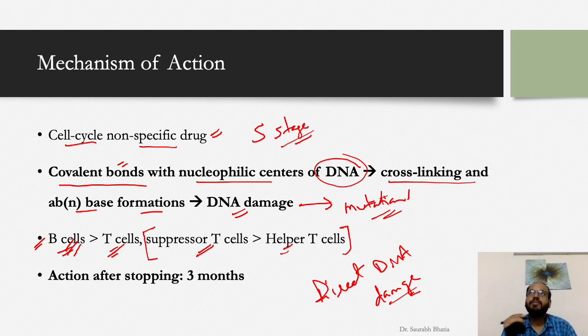So in patients with different malignancies in which cyclophosphamide was given as a treatment, it has been reported to have increased incidence of lymphomas, and predominantly it is because of decreasing the activity of suppressor T cell. Now when we stop cyclophosphamide, the immunosuppressive action remains for the next 3 months. So it becomes a good viva question that after stopping the drug, the immunosuppressive action lasts for at least 3 months.